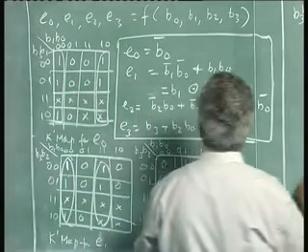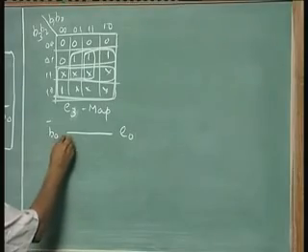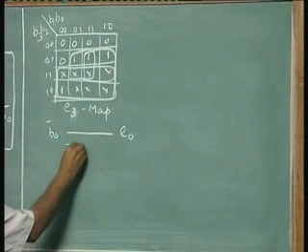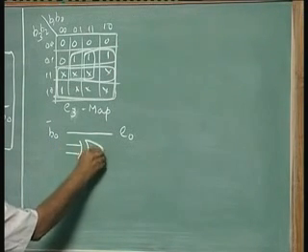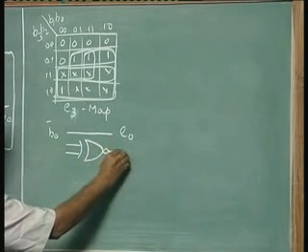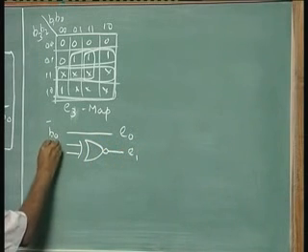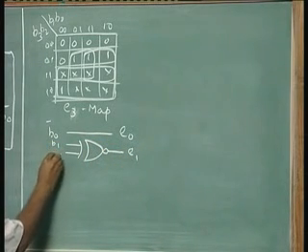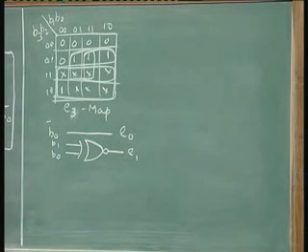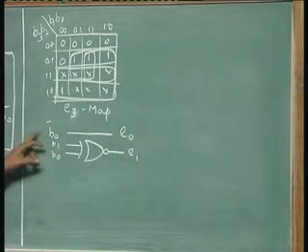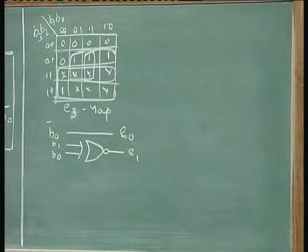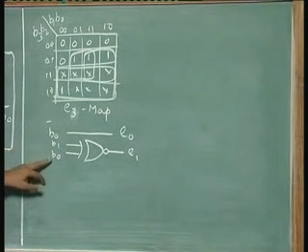E1 will be B1 and B0. I am not showing that B1, B0 could have been directly taken from here, to avoid too many connections. The same B0 we are talking about here. This B0 bar is coming from the same B0 here.